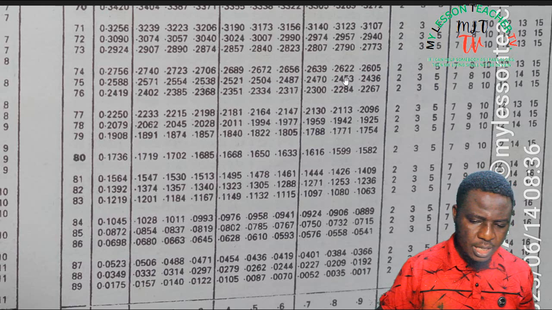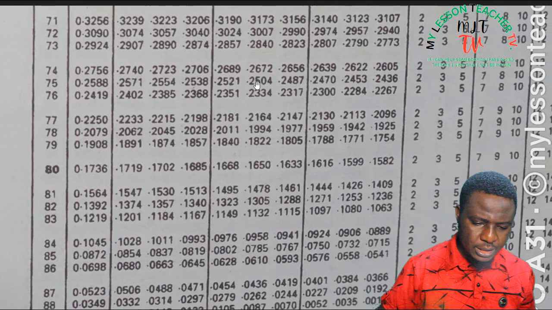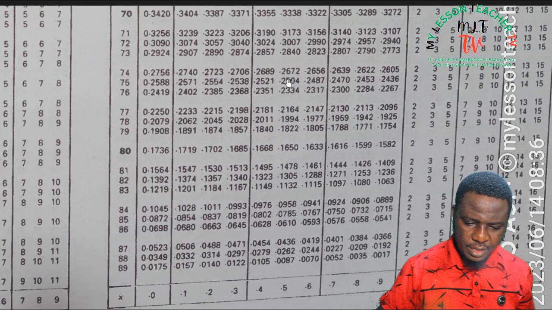So my answer now will be 75.5, difference 6. So this is 75.56.